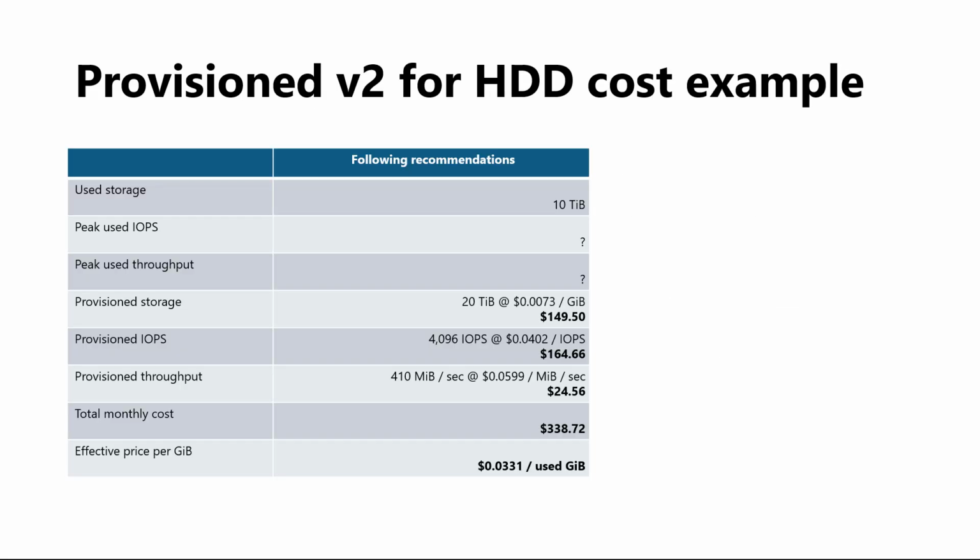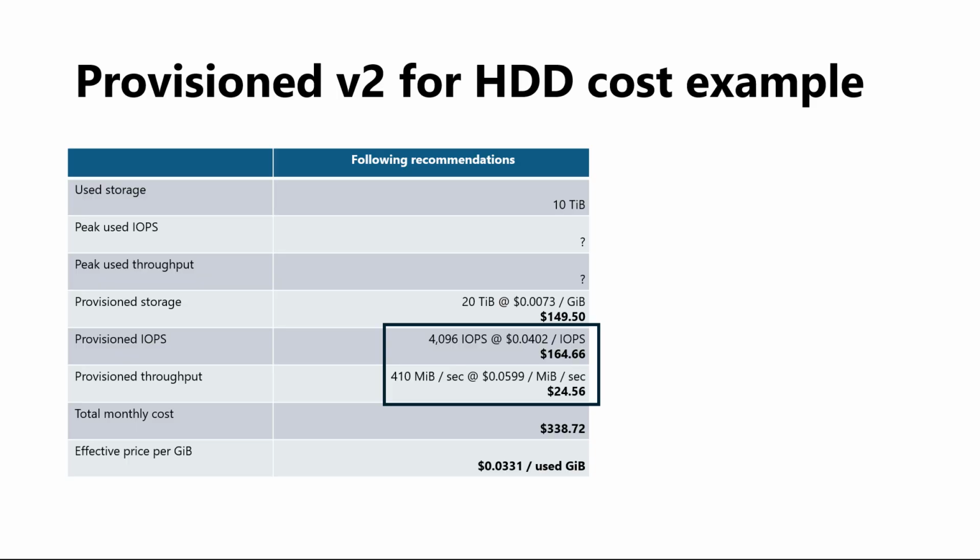So I wanted to work through a cost example here. We have on the left of the screen an example file share. I've gone and done this 50% full rule. So I said I have 10 terabytes and I want to provision 20. I actually don't know what my IOPS and throughput are, so I'm just going to accept the recommended IOPS and throughput.